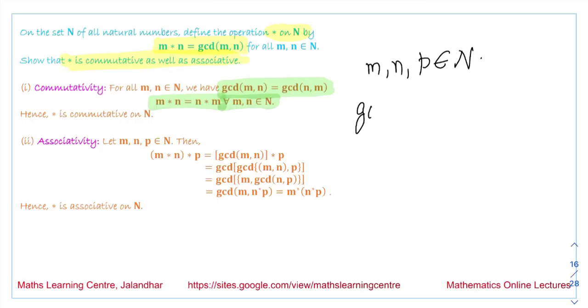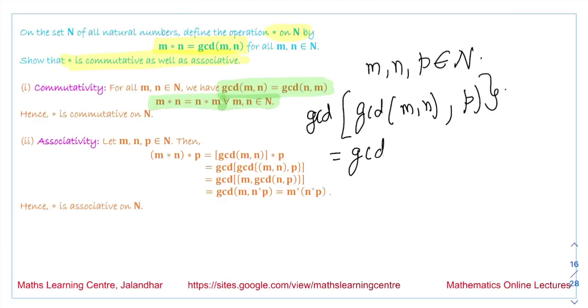Then we are saying that the GCD of m comma n, this gives us a number, and the GCD of this number with p, is equal to the GCD of the numbers m, n, p.